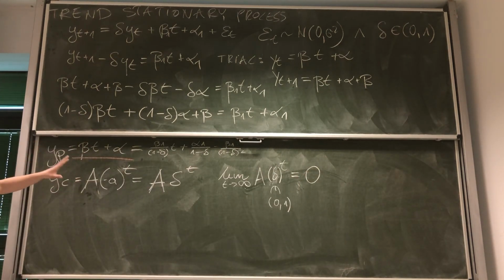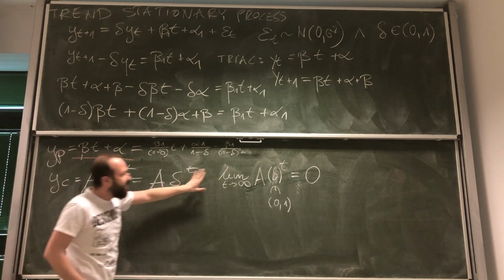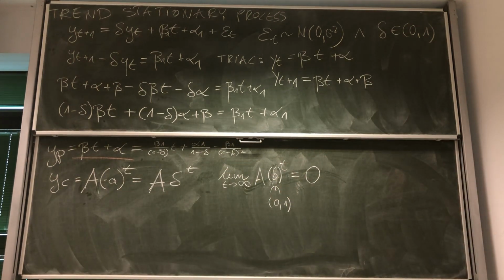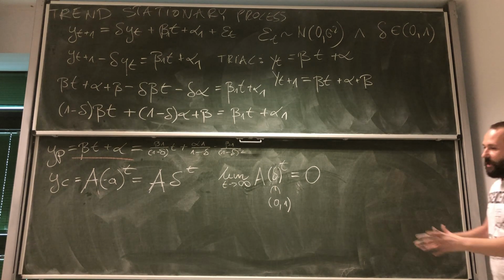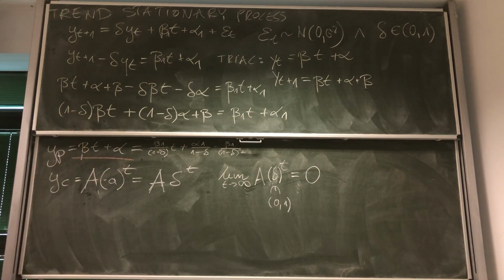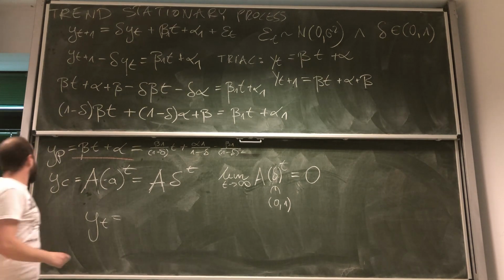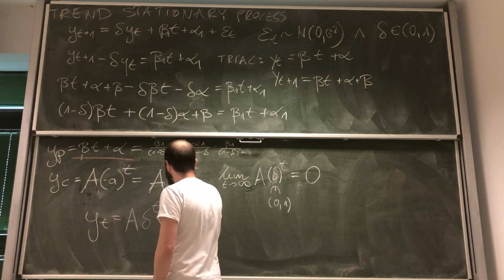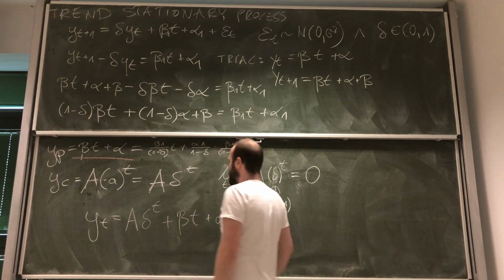In this particular case, where we have a trend-stationary process, if a shock happens, it is actually eliminated over time. So what we can get out of this is that the full solution, the time path of y, is given by a times delta to the power of t plus beta t plus alpha.